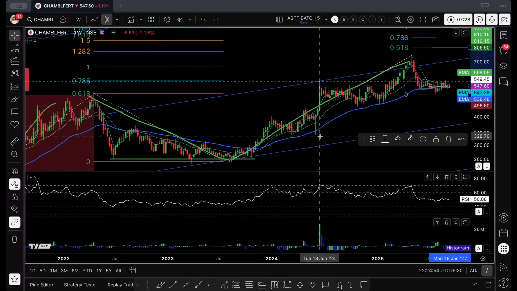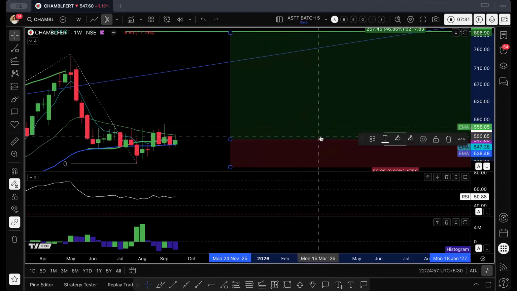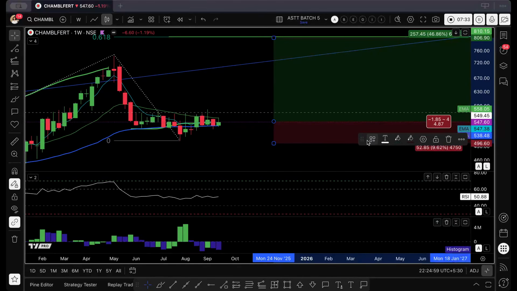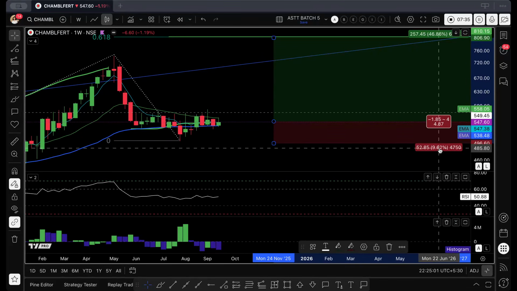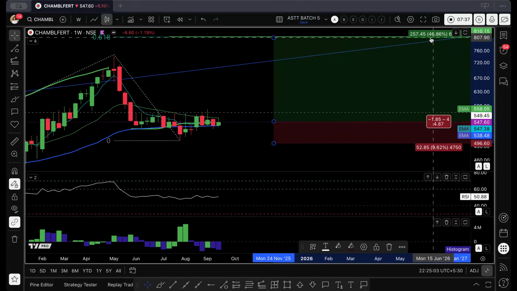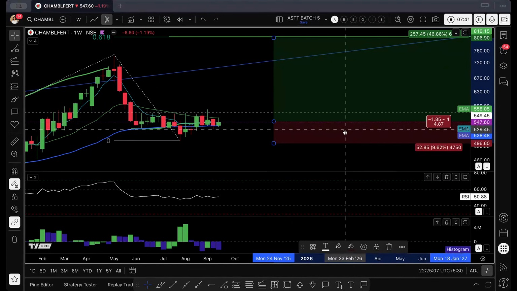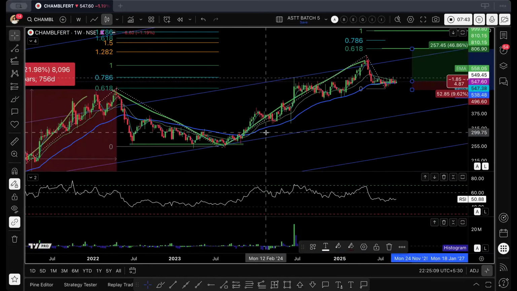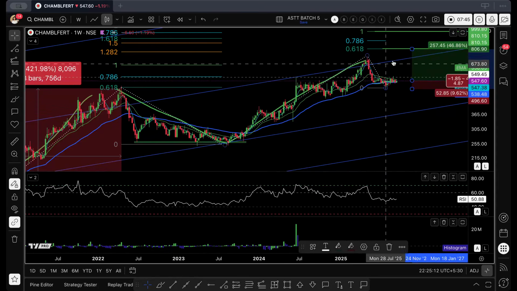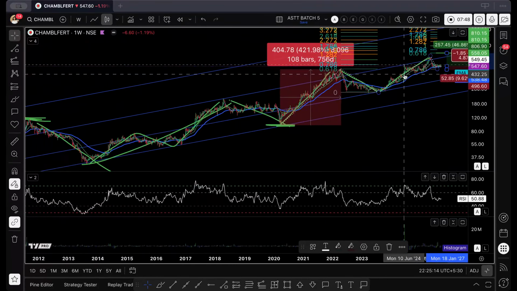With that, we get a stop loss of around 10%. So with a 10% stop loss and a target of roughly 50%, we are getting a risk reward ratio of almost 5x. So I would say this becomes a very good potential trade setup.